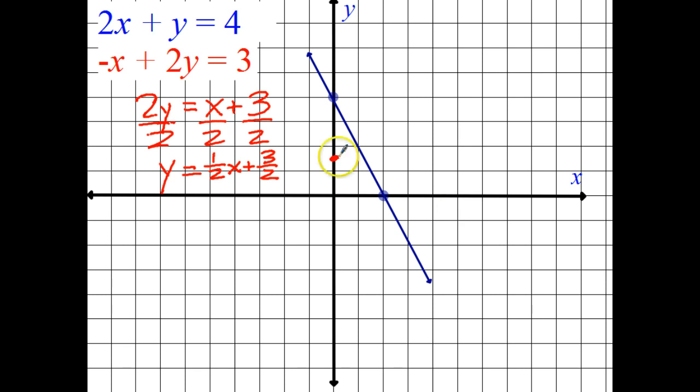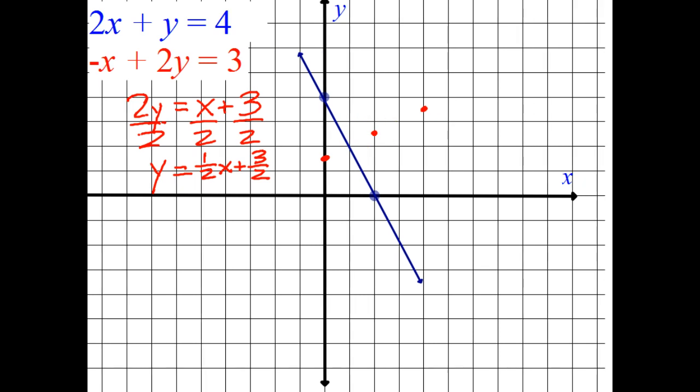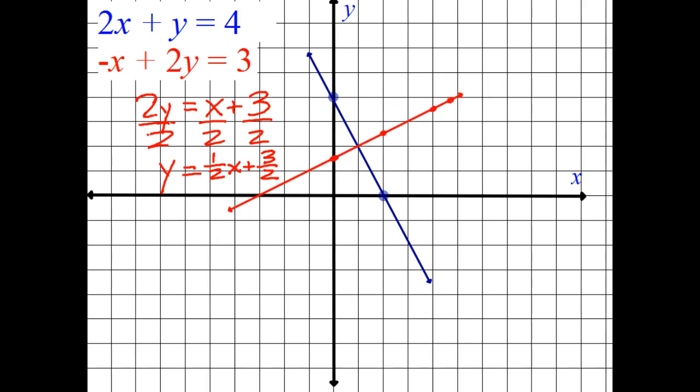I'm supposed to go up 1, right 2, up 1, right 2. Notice it's still 1 unit even though I'm at a half here. It's 1.5, up 1 to 2.5, and still 2 to the right. Then we'll draw this line straight through, and it looks like I'm going to intersect right here at 1, 2.